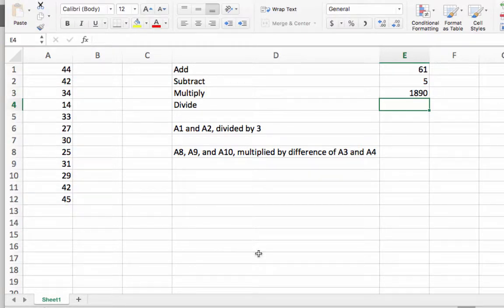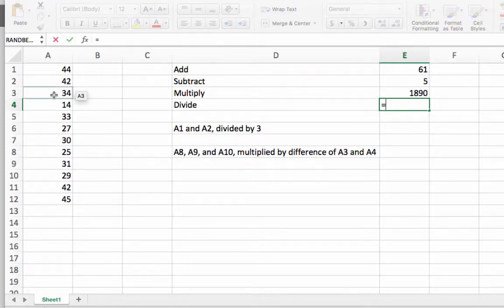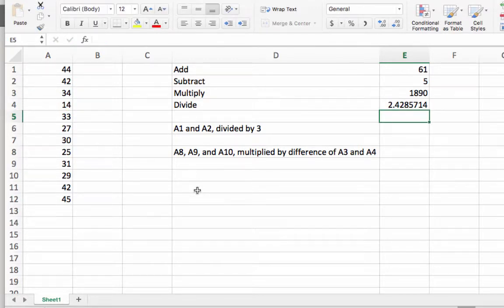Okay, and we get our answer. And then finally, let's divide. Let's say that we want to divide A3 by A4. So I'll say equals A3 slash for divided by, and then I click on A4. And there's my answer.